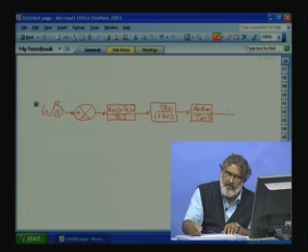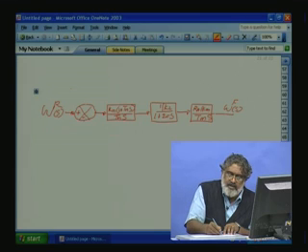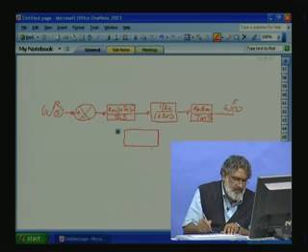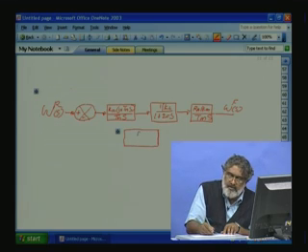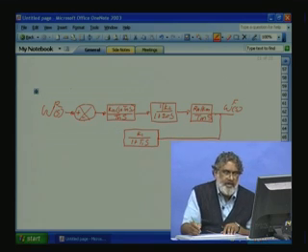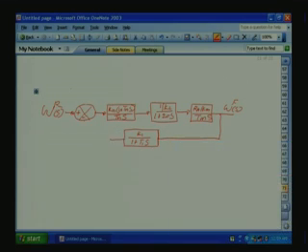Here is our omega S feedback. Then our filter, the filter is equal to K1 by 1 plus T1S. Now, to find out the loop gain, we are breaking here.